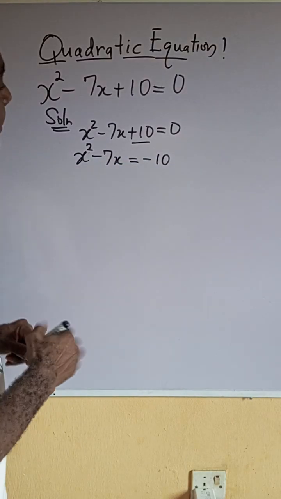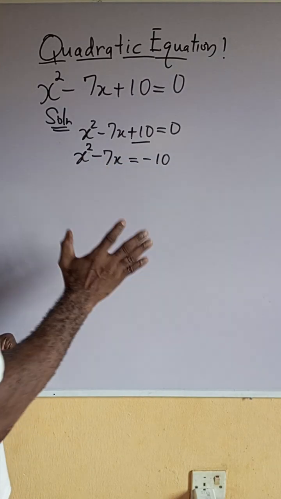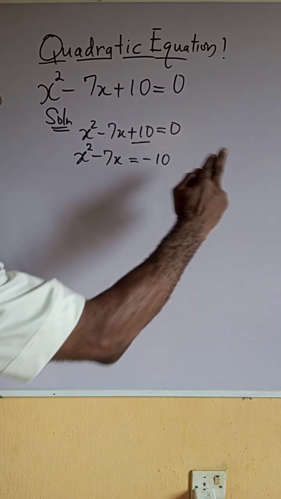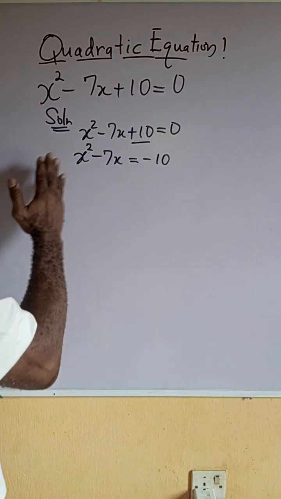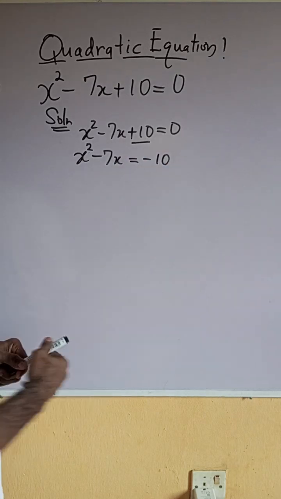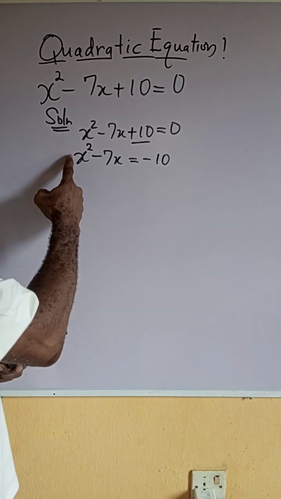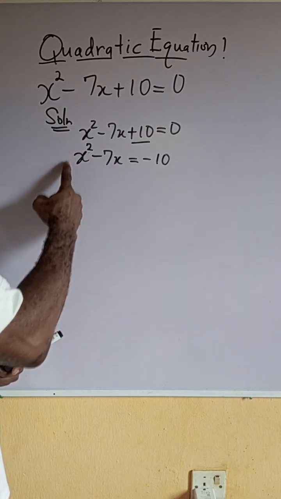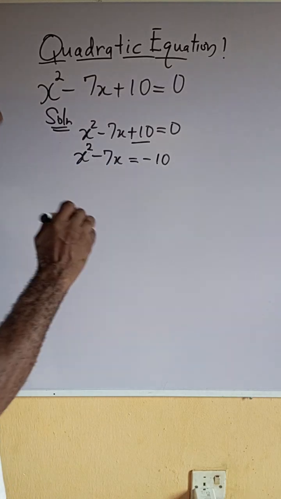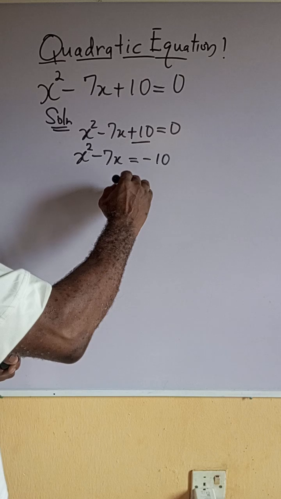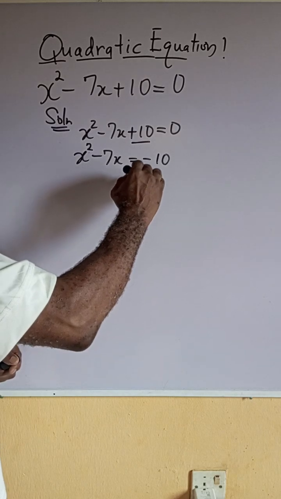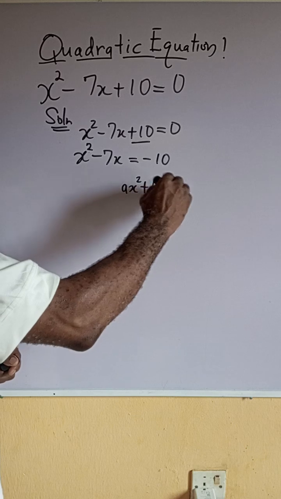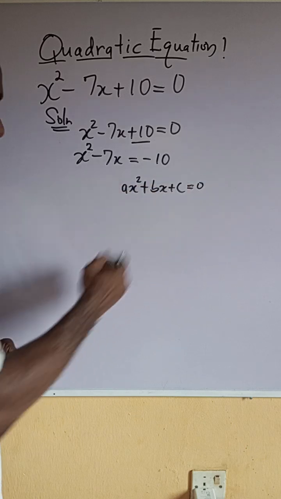Alright, when we are done with that, the next step is to divide across. You divide both the left hand side and the right hand side by the coefficient of x squared. Note, not x, the coefficient of x squared, all right? But remember, a quadratic equation takes this shape: ax squared plus bx plus c all equal to 0.